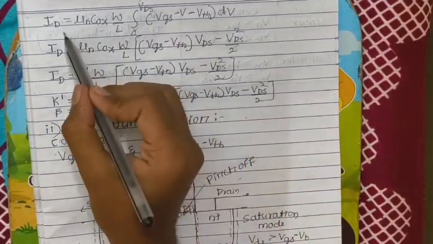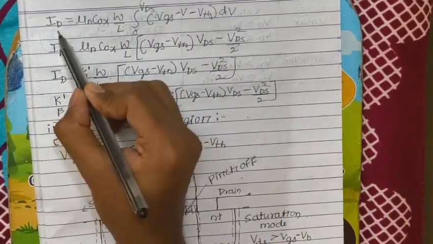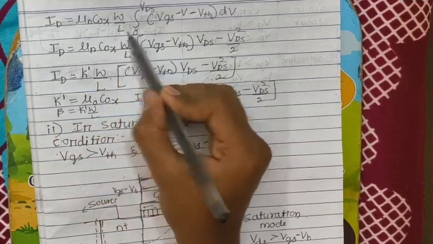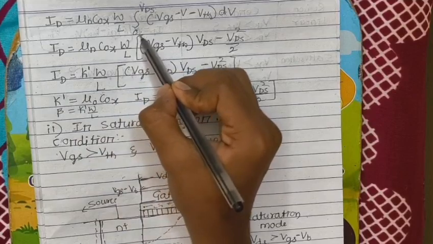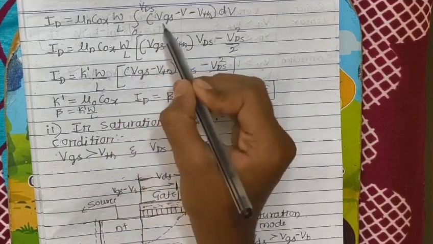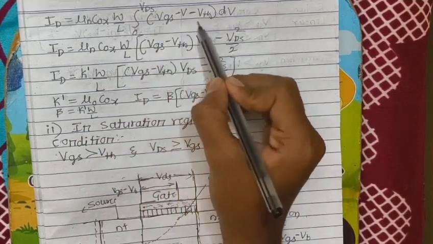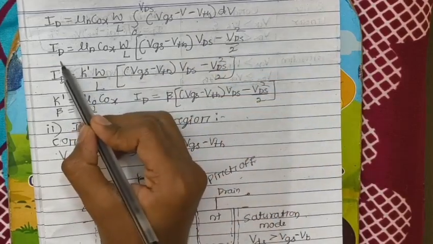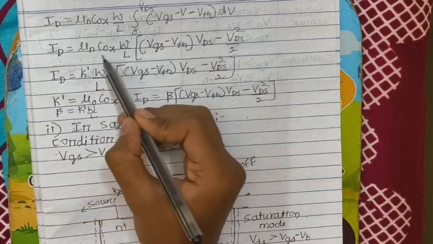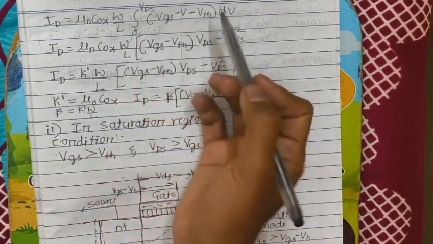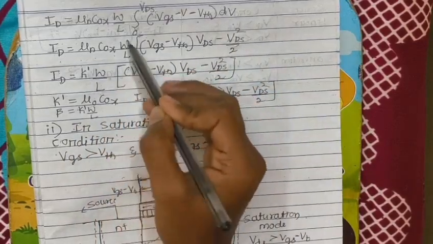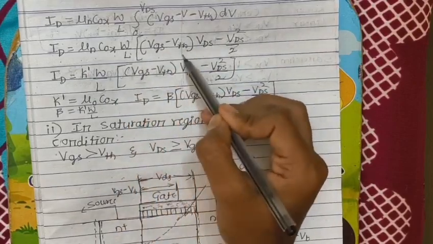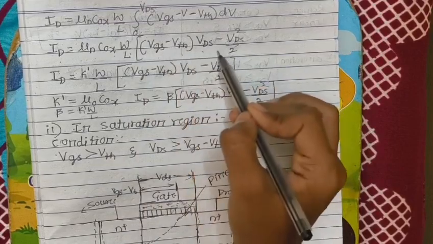The equation goes like this: ID is equal to UN COX W by L, integration from 0 to VDS of VGS minus V minus VTH into dV. Next, if we integrate this, ID is equal to UN COX W by L into VGS minus VTH into VDS minus VDS square by 2.